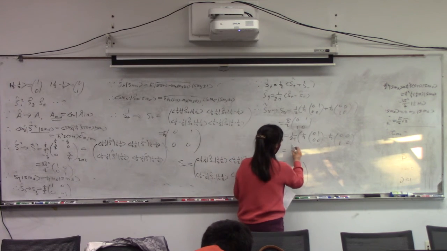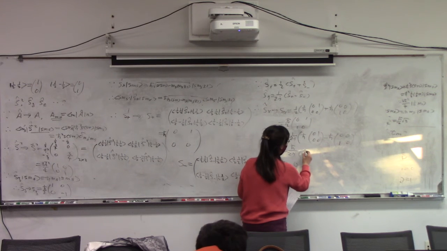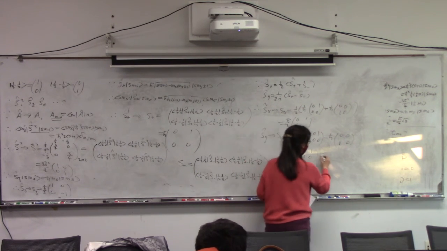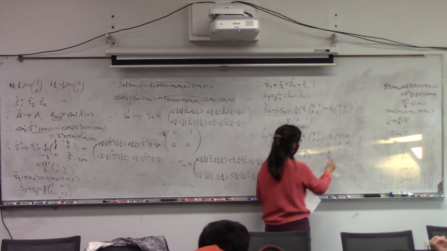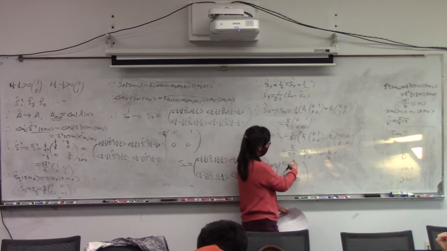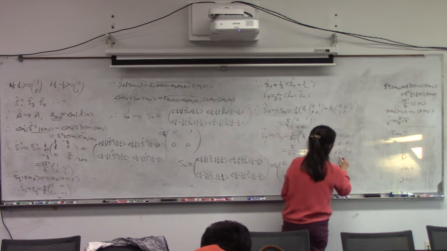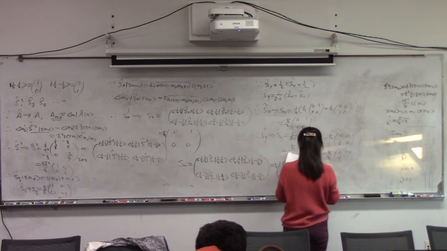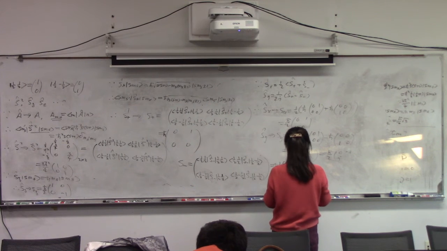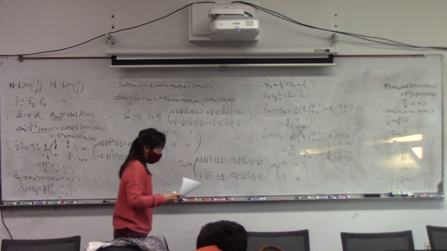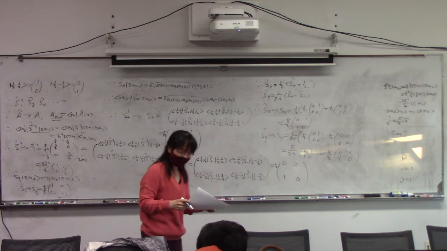Then you have h bar over 2i, 0, 1, 1, 0. But now I multiply i inside, so I never have a negative sign, right? So 0 minus i. Did I have a minus? I think that's right. Yes, that's right.